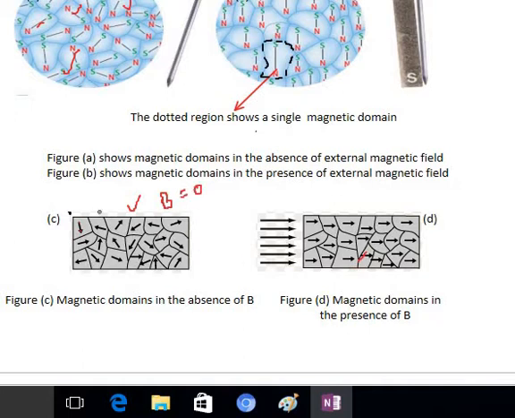And what happens if we keep this piece of magnetic material near a magnetic field? All the magnetic domains will become parallel to each other.